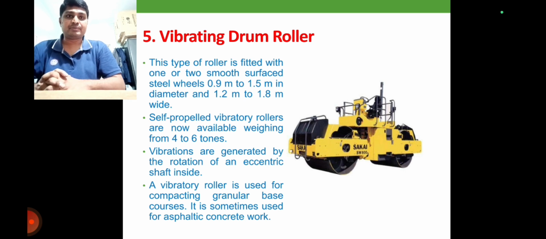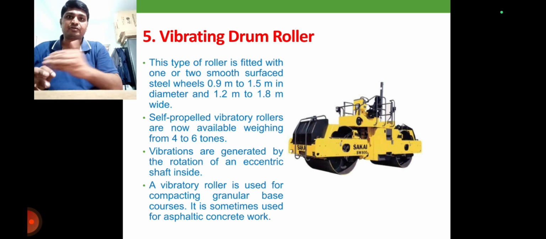So the vibrating roller rolls on the surface of the earth. When the roller passes over the soil in the forward direction, it applies the vibrating action.